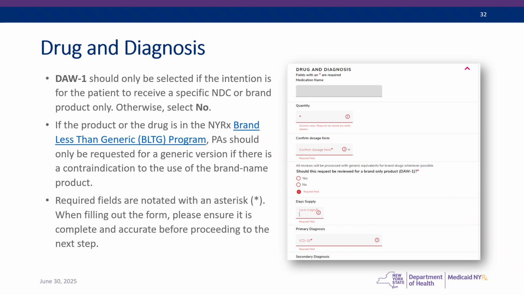Otherwise, click No. In compliance with NYRx, the Medicaid Pharmacy Program's brand less than generic program, PAs should only be requested for a generic version if there is a contraindication to use the brand name product. Please note, required fields are notated with an asterisk. Please complete these fields before proceeding to the next step.